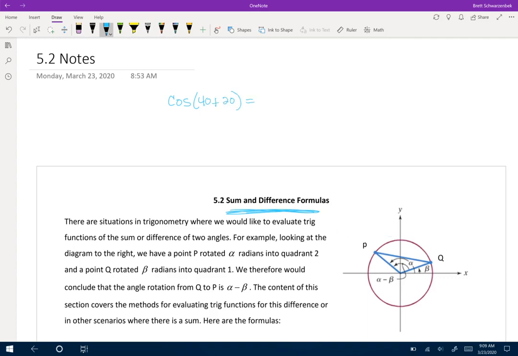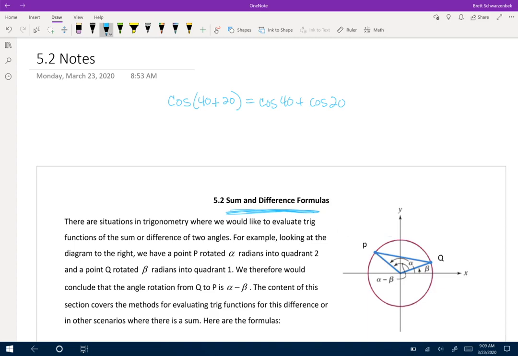It fits very reasonably in a math student's mind that this could very well be equal to cosine 40 plus cosine 20. Why? Because the distributive property is one of the more famous concepts or properties that students understand and know.